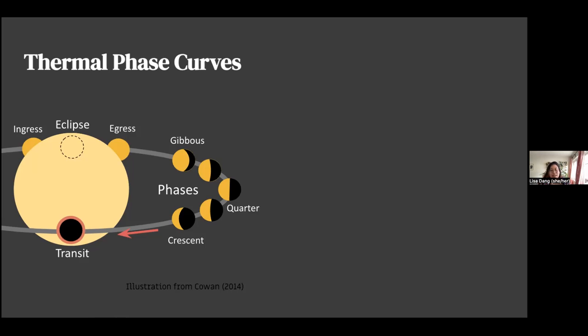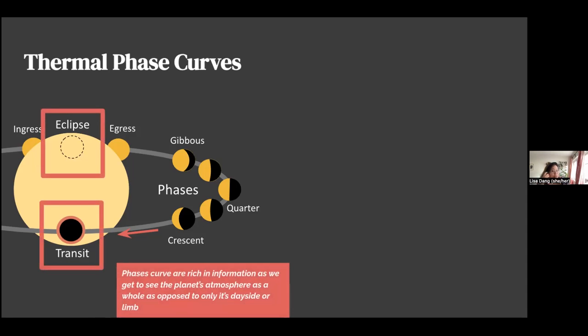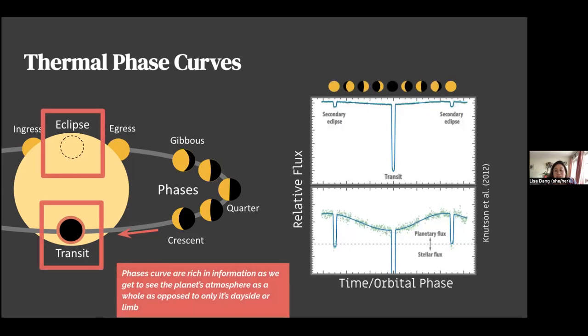So as a planet is transiting around the host star, like I said earlier, you'll see a transit and an eclipse. But also, if you observe the planet in between the transit and the eclipse, you also start to see variation in the brightness that is caused by the planet. And so on the right here, I have an example of an infrared phase curve of a planet called HD 189733b, where you can see the planet's transit in the middle.